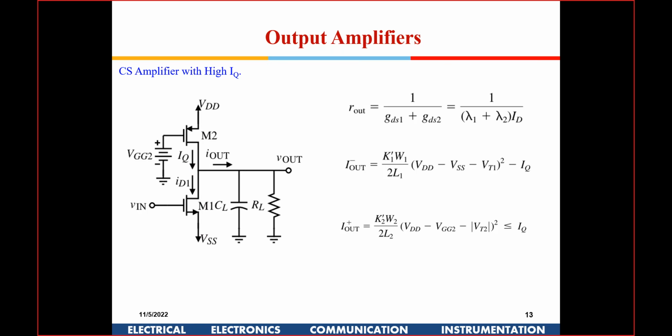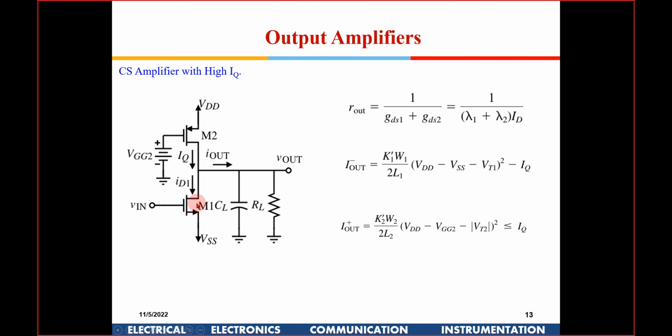This particular maximum current which can be pulled out from this circuit will be K1 W1 by 2L (VDD minus VTS) squared, minus IQ, because this is the current which can be given by this M1 transistor by this equation, with VDD minus VTS minus VT1 squared.